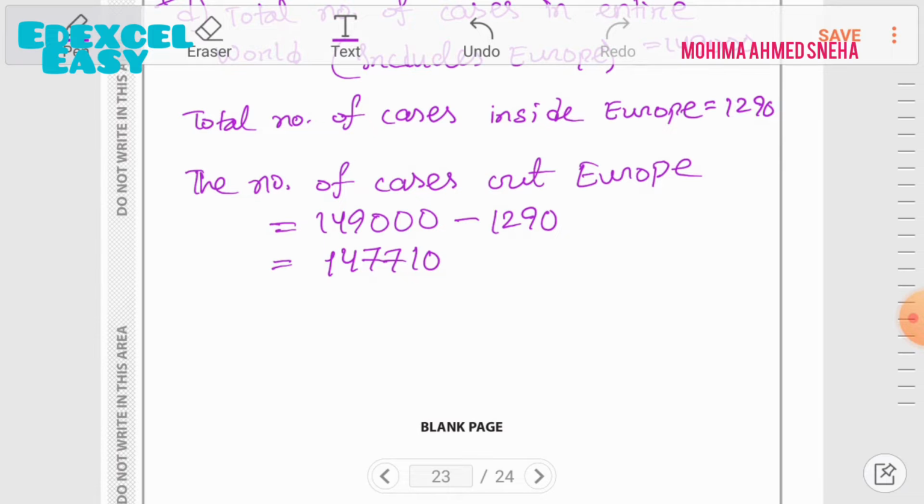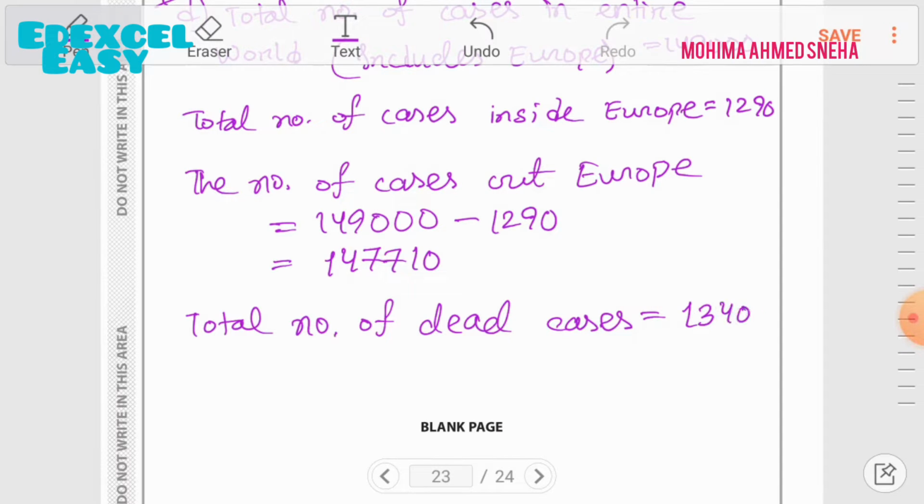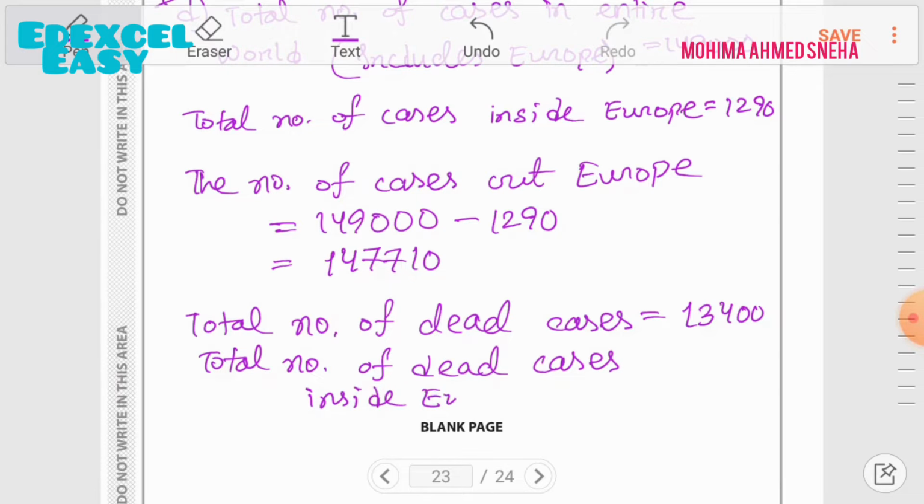And now we need to state the total number of deaths due to TB across the world. Total number of dead cases was 13400, and total number of dead cases inside Europe was 103.